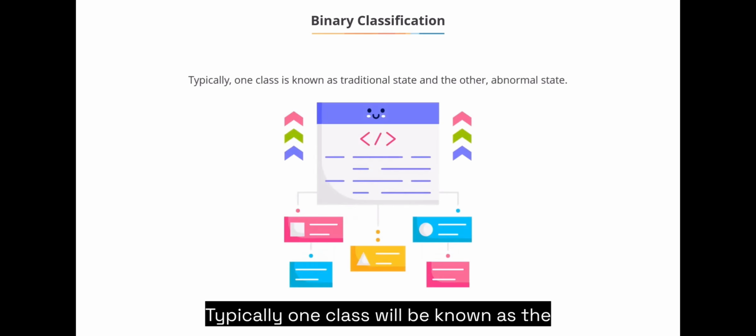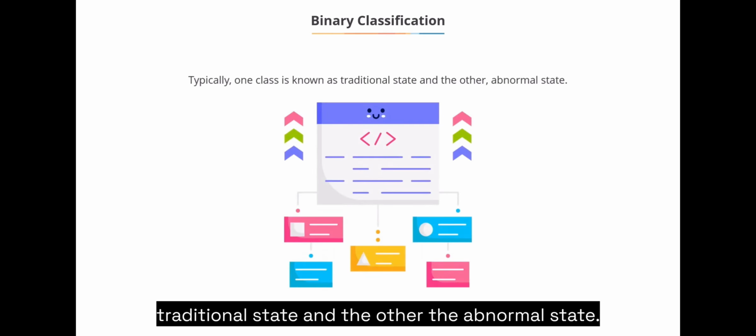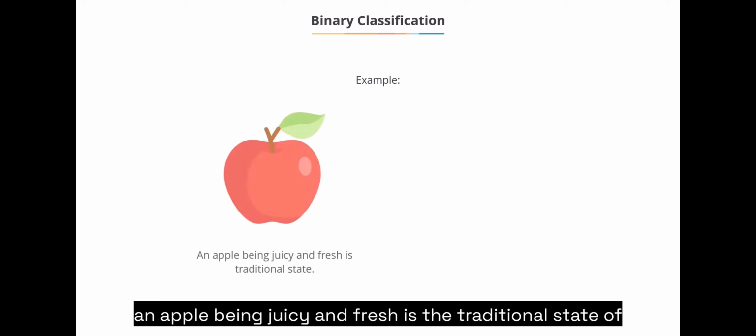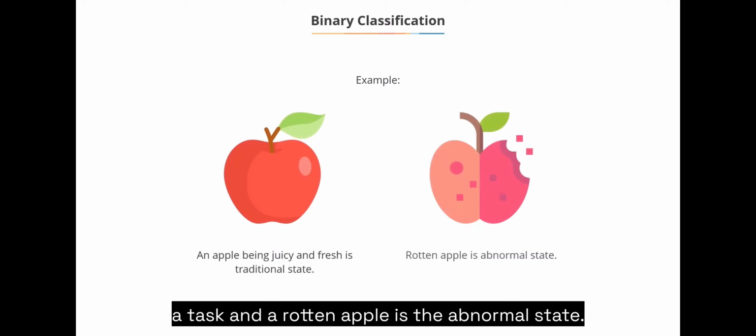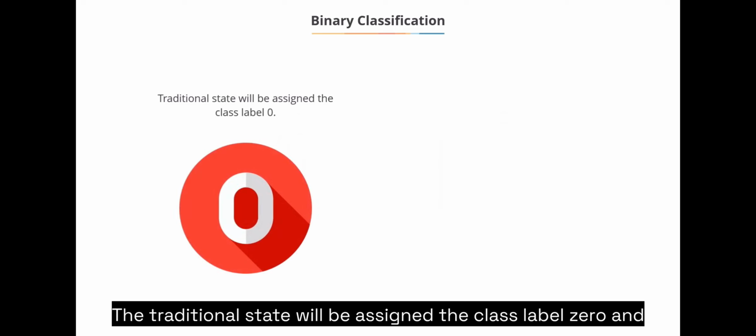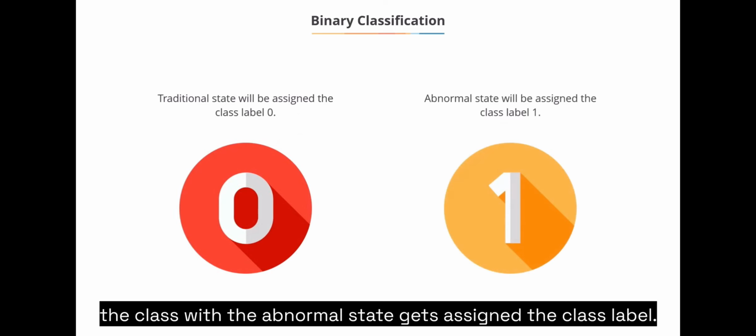Typically, one class will be known as the traditional state and the other the abnormal state. For example, an apple being juicy and fresh is the traditional state of a task, and a rotten apple is the abnormal state. The traditional state will be assigned the class label 0, and the class with the abnormal state gets assigned the class label 1.